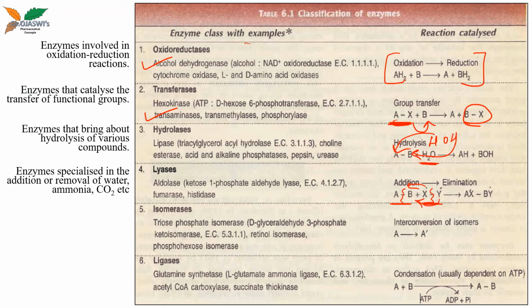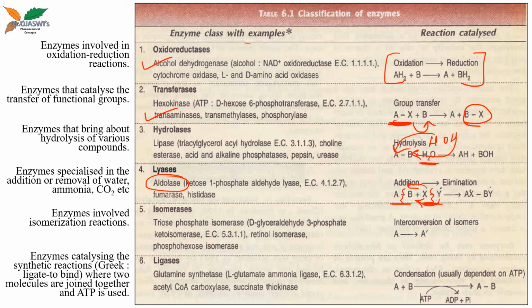Aldolases are a good example of lyases to remember. Then isomerases, enzymes involved in isomerization reactions where interconversion of isomers is required, like triose phosphate isomerase. Last is ligases. Glutamine synthetase is a very good example.